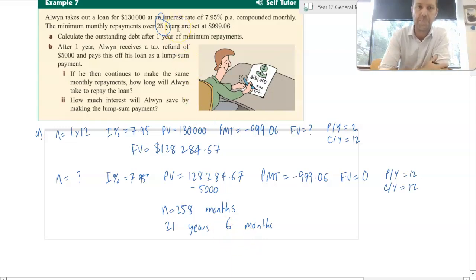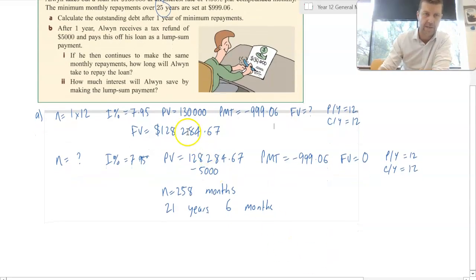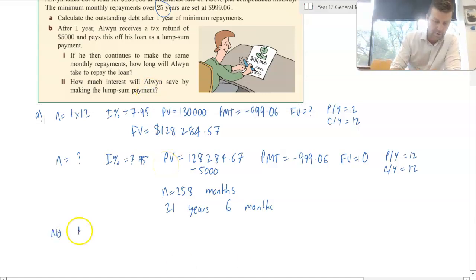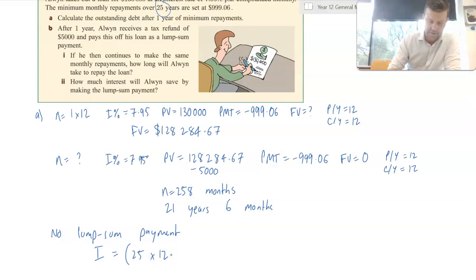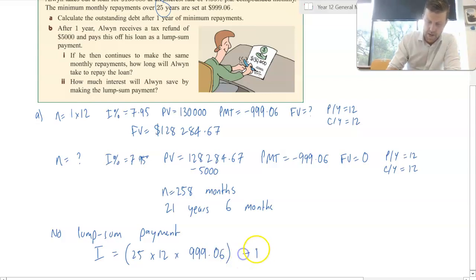How much would that save him though? So how much interest will Alwyn save by making the lump sum payment is the next question. So if he didn't make the lump sum payment, how much would he have paid? No lump sum payment. How much interest would he have paid? So interest would equal the 25 years of monthly repayments of $999.06 minus the amount he borrowed. We're just calculating interest here at the moment.